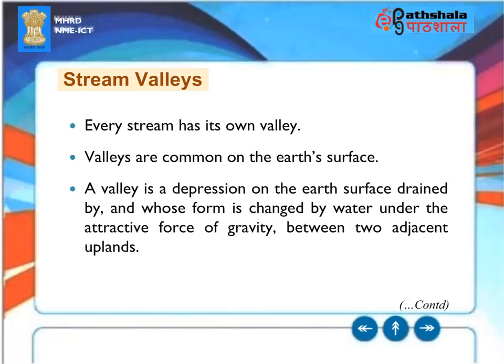Stream valleys. Every stream has its own valley. Valleys are common on the earth's surface. A valley is a depression on the earth's surface drained by, and whose form is changed by, water under the attractive force of gravity between two adjacent uplands.